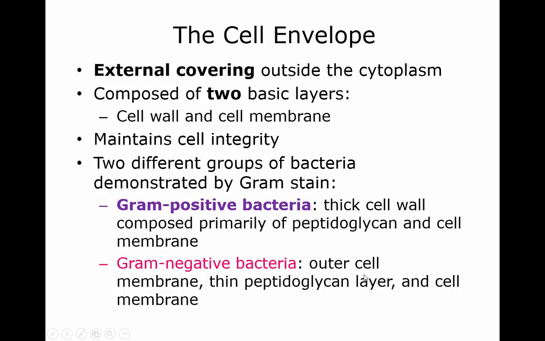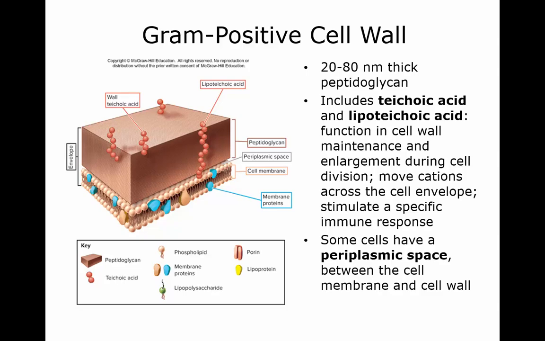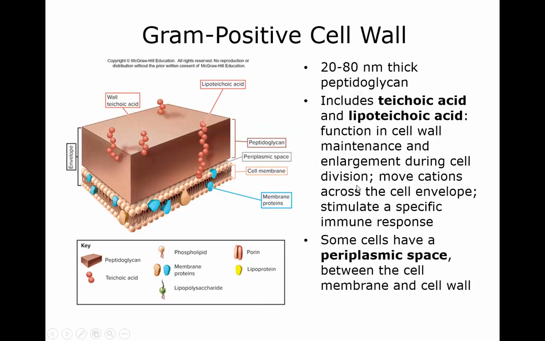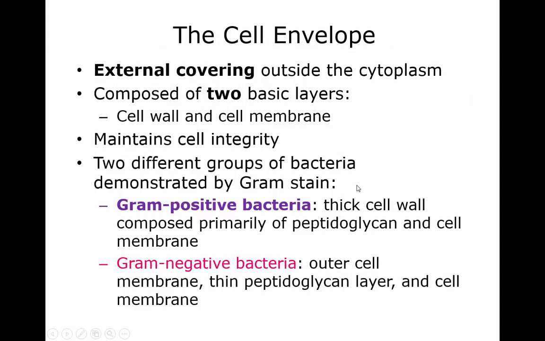You have an outer cell membrane, a thin cell wall, and then the regular cell membrane just inside of it. Where gram-positive bacteria only have a two-layered cell envelope, gram-negative have three. Again, in the picture, here's an outer membrane, there's the thin cell wall, and then here's the inner cell membrane. That's a basic difference that we see with those.